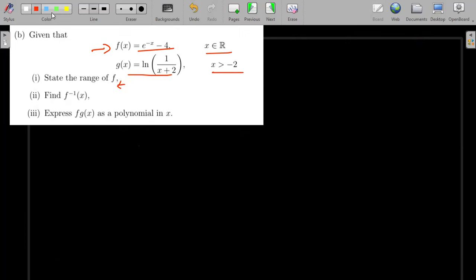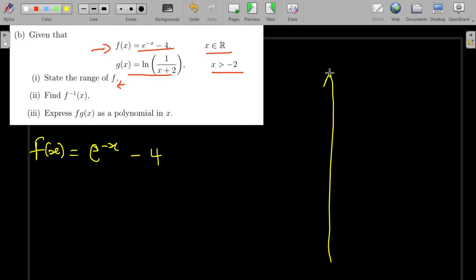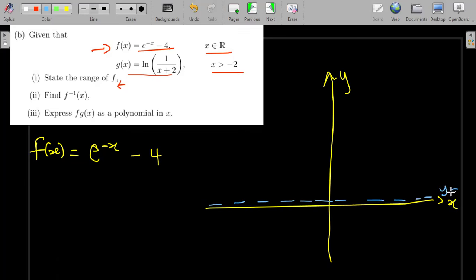Exponential functions. So for this one, we have f of x is equal to e to the power minus x minus 4. So we can sketch this easily. We use transformation. So this is my y, and then this is my x. We said the general form of exponential functions always has a horizontal asymptote at y equals 0, or in short, the x-axis.